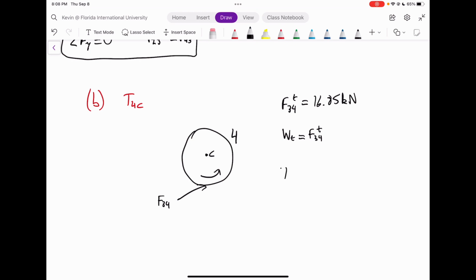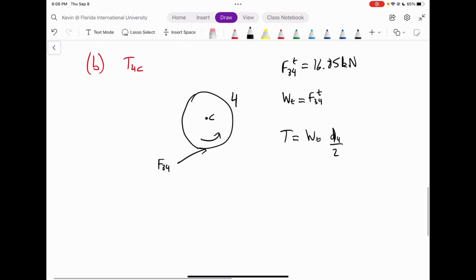So we can say that torque is equal to WT times D4 over 2, because that's a diameter of 4. So we're going to use a WT for this one, which is 16.85, and multiply by D over 2. So D4 is equal to 5, which is the module, times 51, which is equal to 255 millimeters.